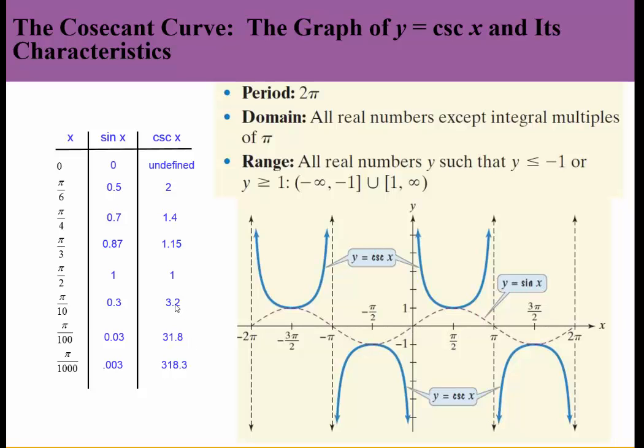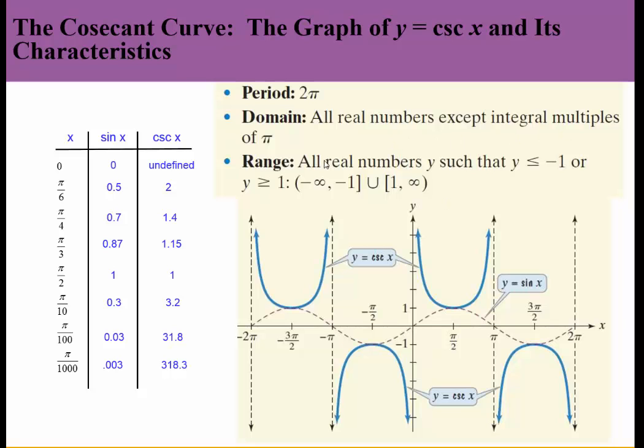And as that happens, notice that the cosecant grows infinitely larger and it will go to positive infinity. So if you think about the sine of pi over 1,000,000,000,000, for example, this number would be astronomical, heading to infinity here.